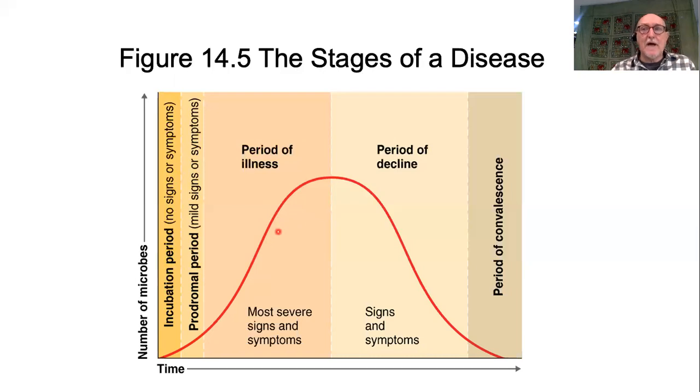After about 5 to 10 days, usually, the immune system has produced enough antibody, and its response is strong enough that it begins to eliminate the virus, and the signs and symptoms begin to decrease. You may still be feeling rocky, but eventually you reach a point where you're very distinctly healing, and that's the period of convalescence.